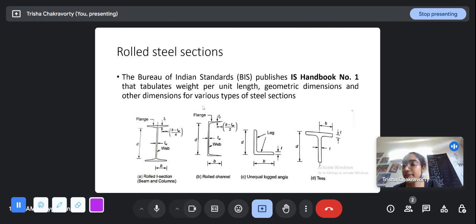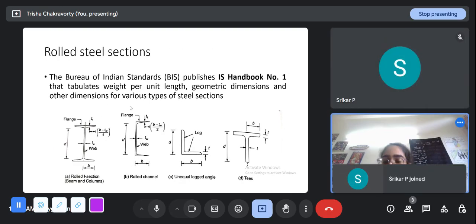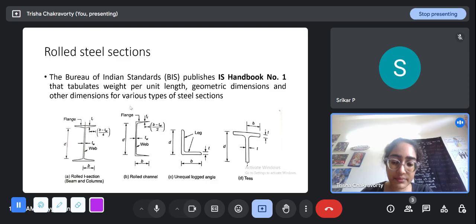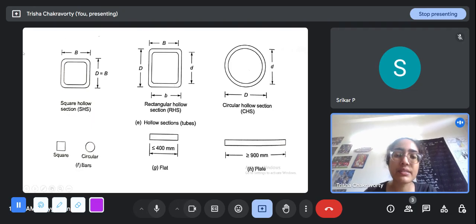Now in steel, we don't cast the steel structure as a whole like we do for concrete. We generally use steel sections, and SP61 publishes the properties and dimensions of these sections: the I section, C section, angle and T section. And these are some open hollow sections. As you have seen last class, they are used in beams, though in beams the I section is what we most commonly use.